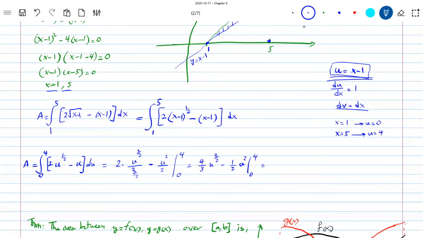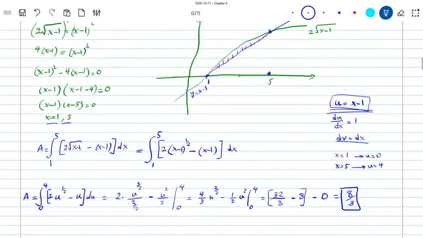If you replace 4, what you get is 2 to the power 3, which is 8, times 4, 32 divided by 3, minus the other one would be 8. And if you replace 0, you'll get 0. Simplified, 32 over 3 minus 24 over 3 is 8/3. So we figure out the area between the two curves is simply 8/3.